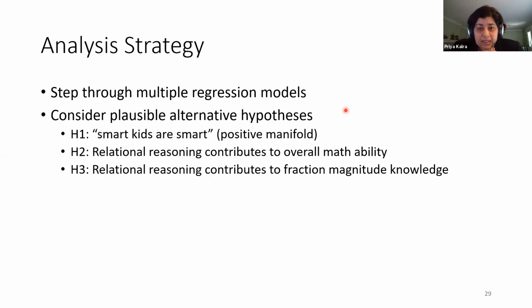This is Spearman's g, if you believe in that. And then the other possibilities are, well, maybe relational reasoning contributes to math ability more broadly, and then math ability contributes to fraction ability. And finally, maybe relational reasoning is helping students understand the magnitude of fractions, and that's why it helps with fractions overall. So we're going to consider each of these hypotheses in turn.